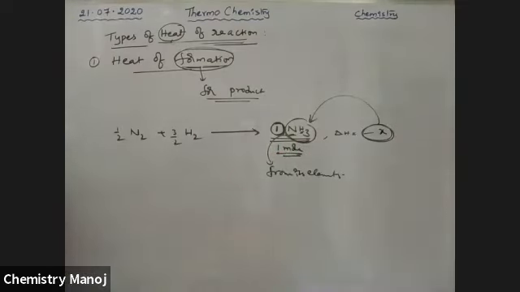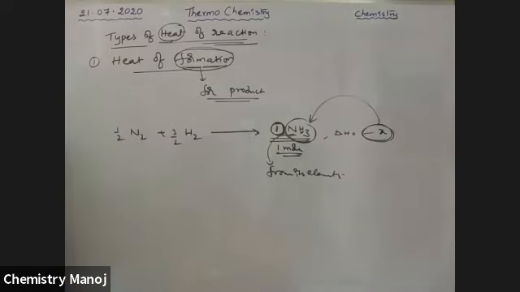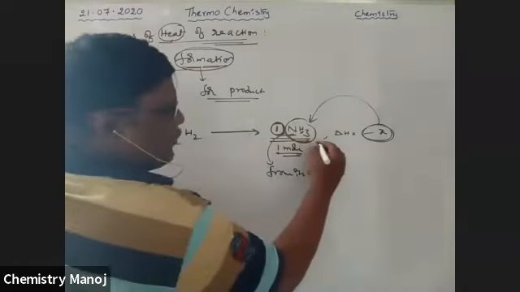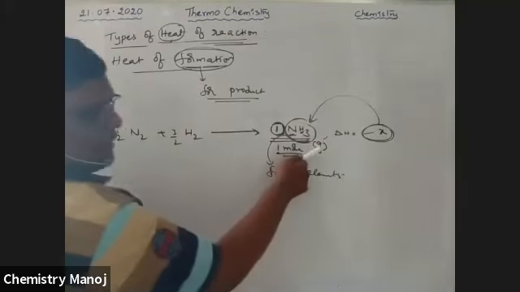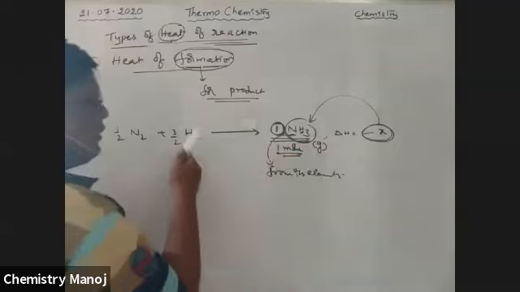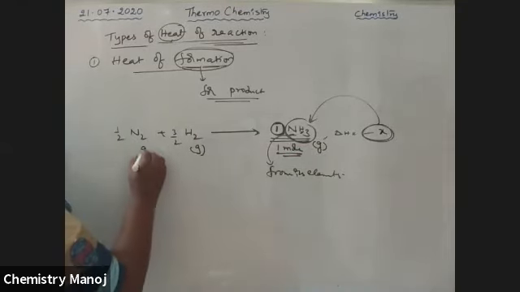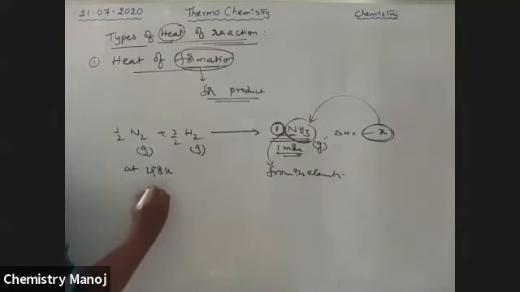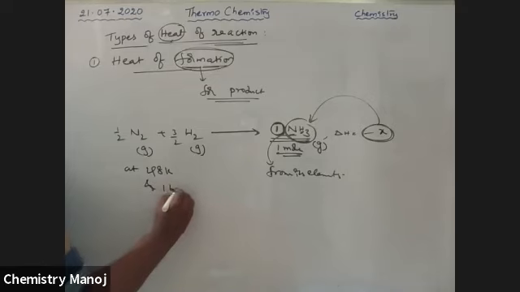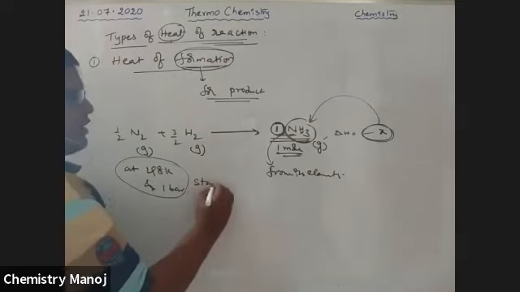Next, if this reaction is carried out at standard conditions, that means the product is formed in its standard state from the elements in their standard state, at 298 Kelvin and 1 bar pressure, and the entire reaction is carried out at these standard conditions.